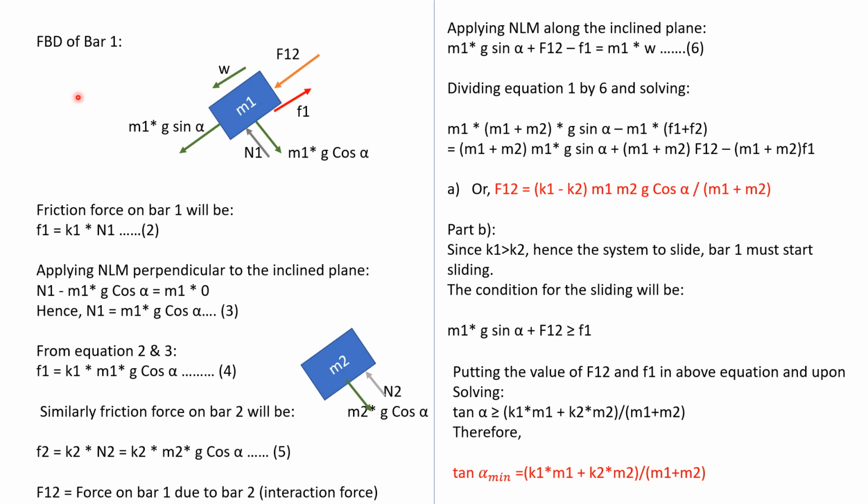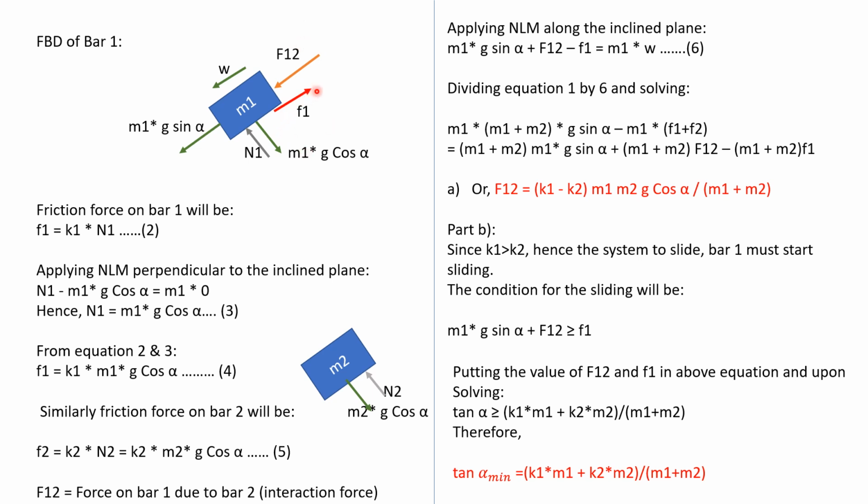Now we will make the free body diagram of bar 1. m1 will experience a gravitational force in the direction of the inclined plane, m1 g sine alpha. Along the inclined plane, the other force acting on it is the force due to 2 on 1, so F12 is that force.